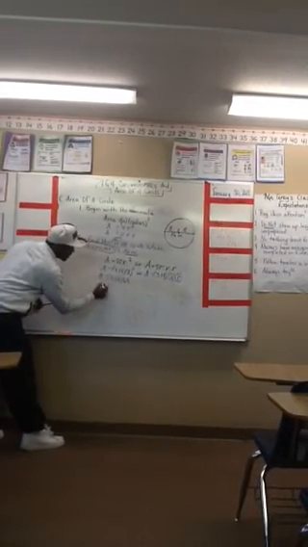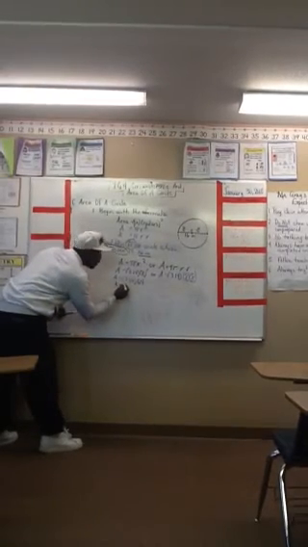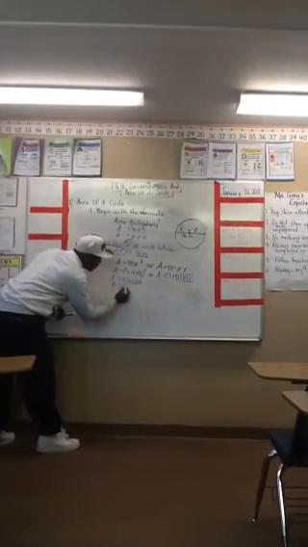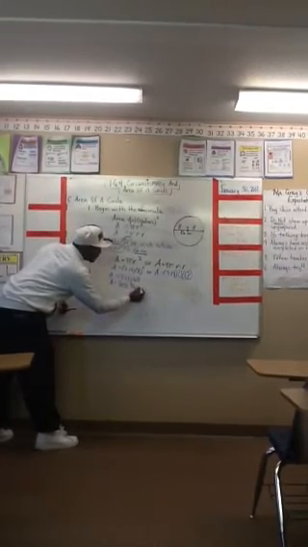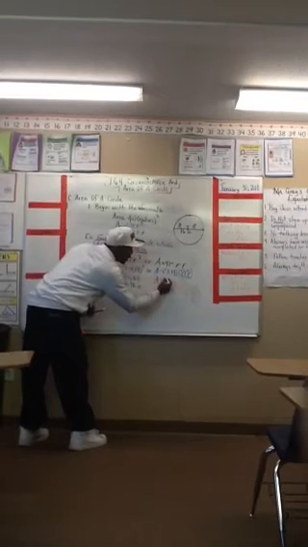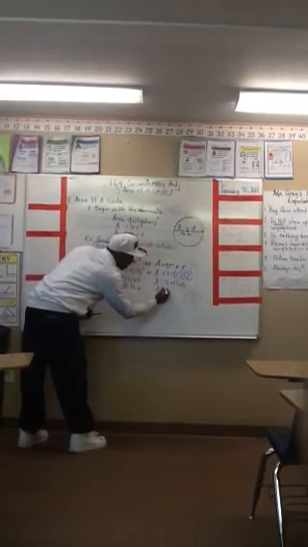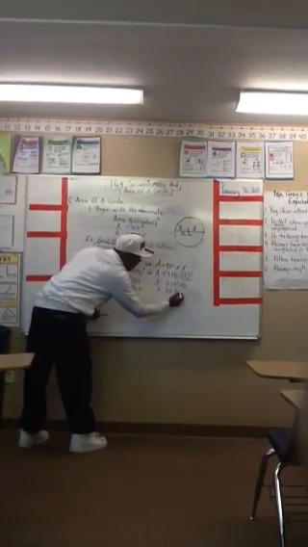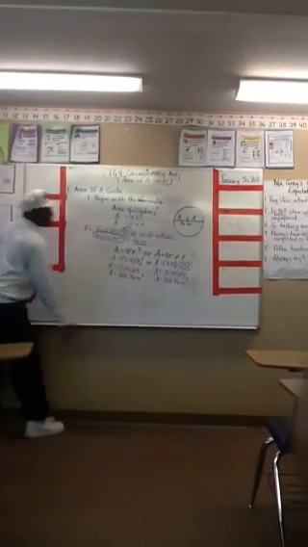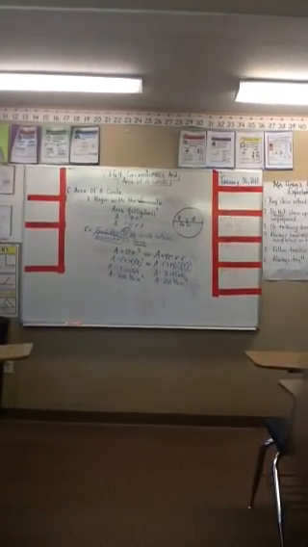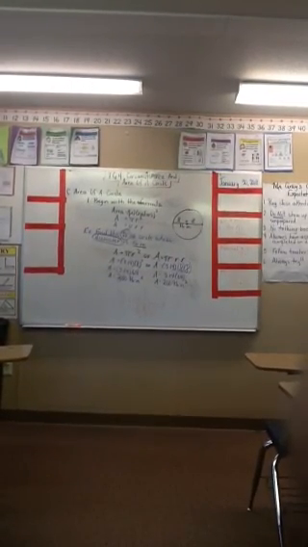Distributive property, this gives me what? 200 and 96 hundredths inches. Inches squared there, because we're finding area. Any questions?